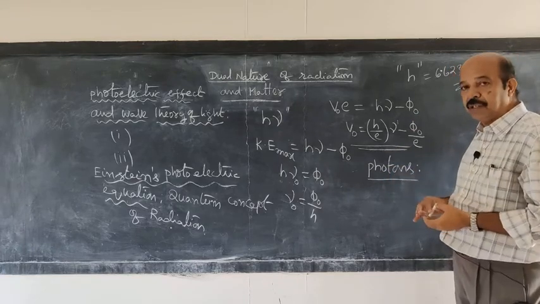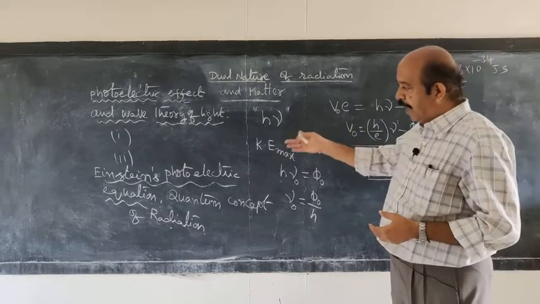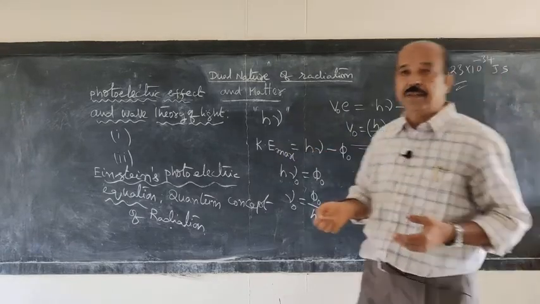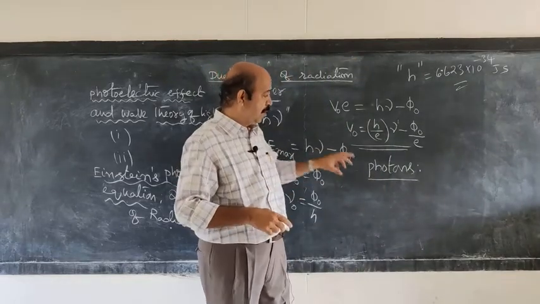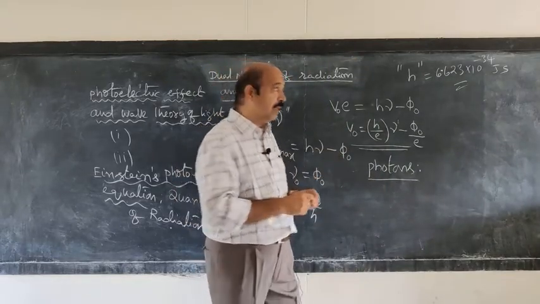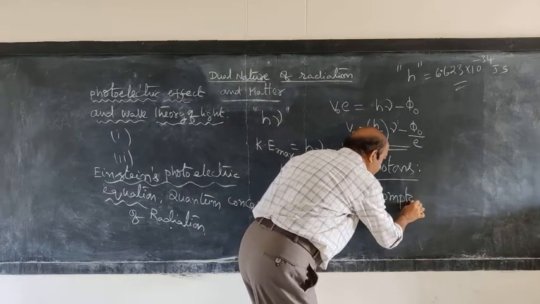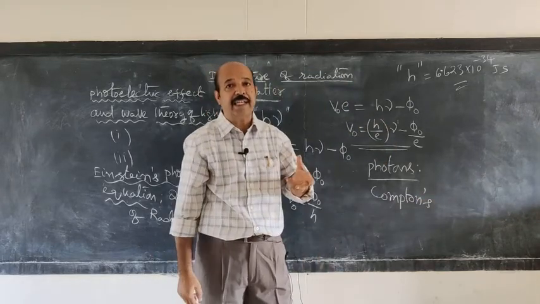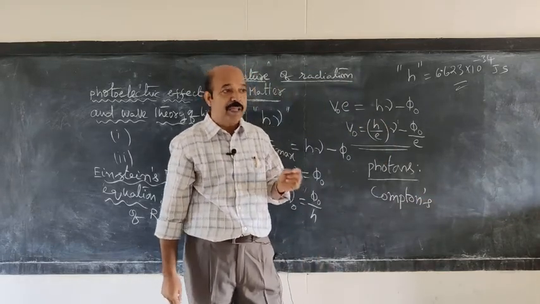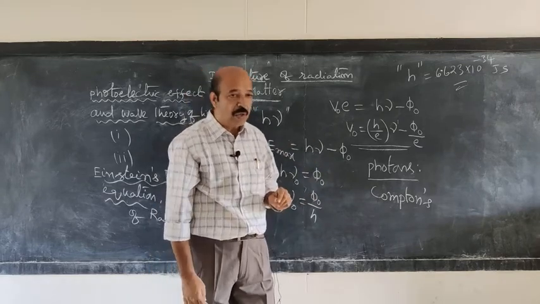So the energy quanta are known as photons, and Einstein's photoelectric effect shows the particle behavior of radiation, but Compton's experiment with X-ray scattering by electrons gives conclusive proof of particle behavior of radiation.